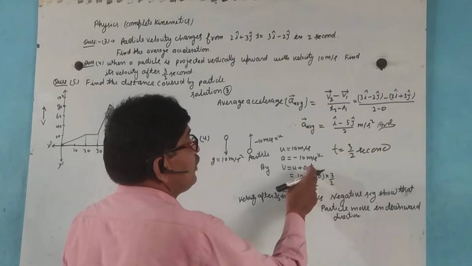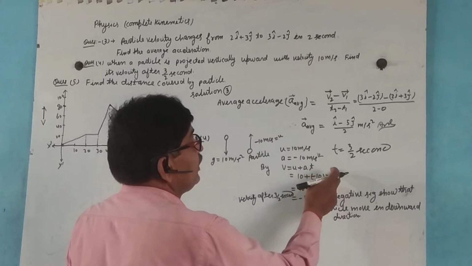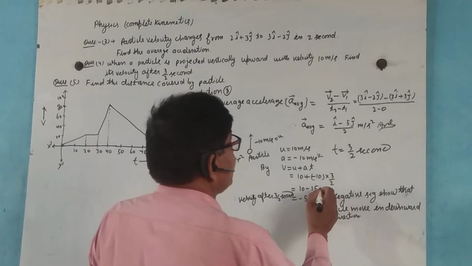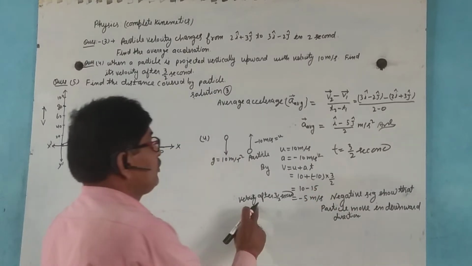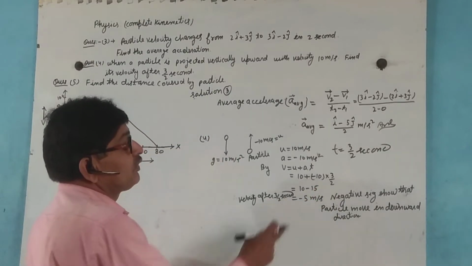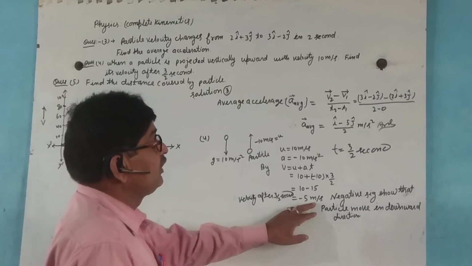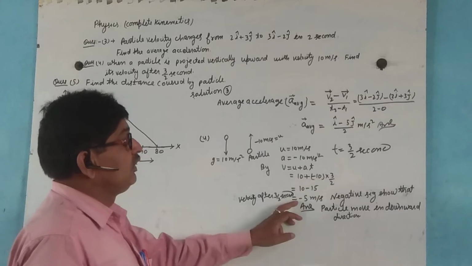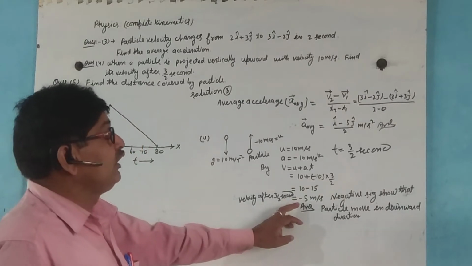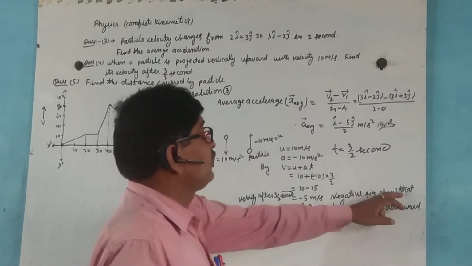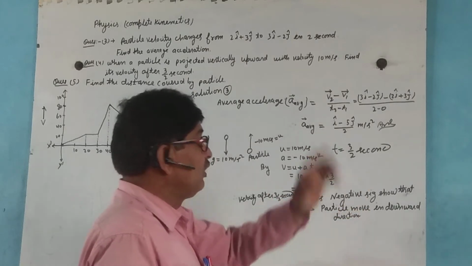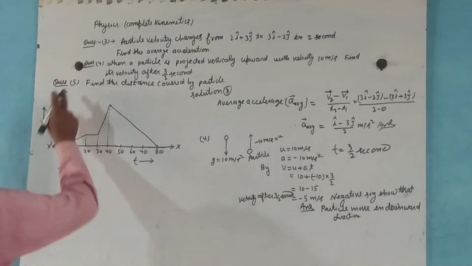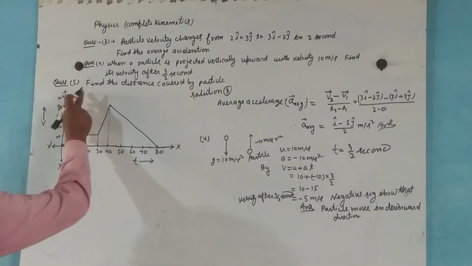So 10 minus 15 is minus 5 meter per second. This is our answer. The negative sign shows that the particle moves in the downward direction.